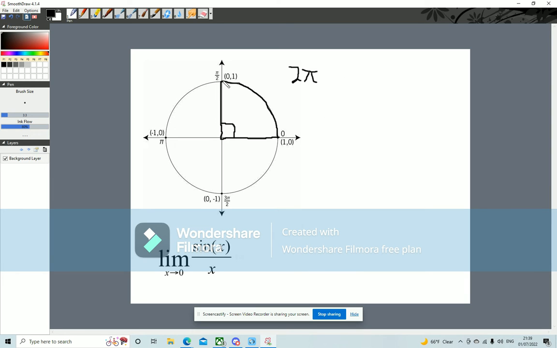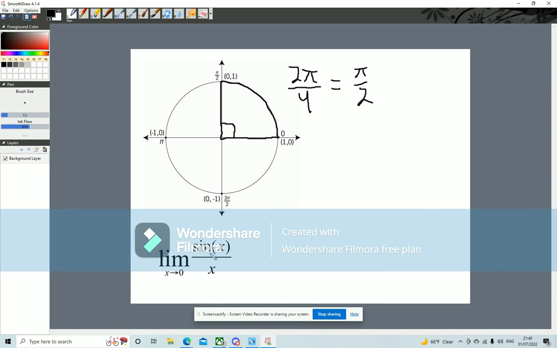And then this arc length is going to be a fourth of the circumference because you can just see there's one arc length and then another one here, then another one here, and then another one here. So if we do 2 pi divided by 4, we get pi over 2, which is this length, or this arc length, or x.